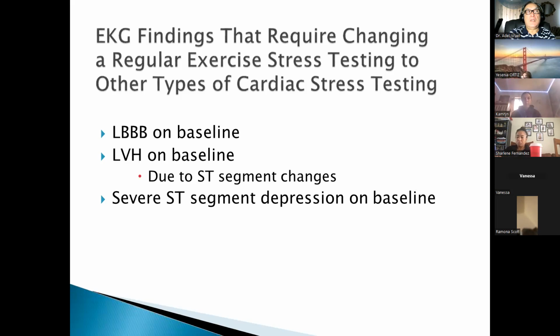LVH, left ventricular hypertrophy. And what is the situation here? The ST segment depression on baseline. So all of these change the regular exercise stress testing.